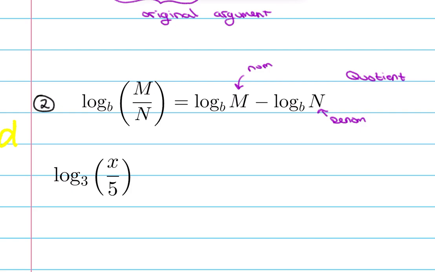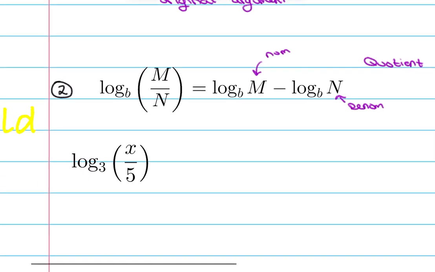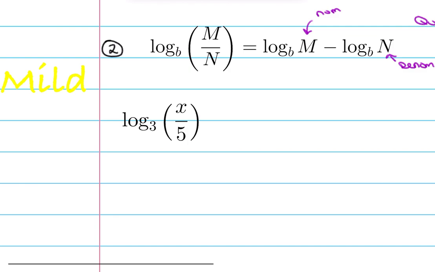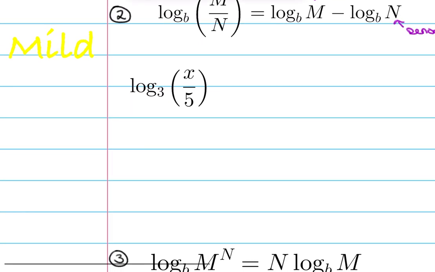Taking a look at the mild example for that one, we are going to have the log base 3 of x divided by 5. This time you see the parentheses, so you know that whole thing is your argument. Our base is still going to stay the same. I said log base 3 out loud, so I'm going to have log base 3. Here's your m and here's your n. This is my numerator, this is my denominator, and then we're going to subtract the two.